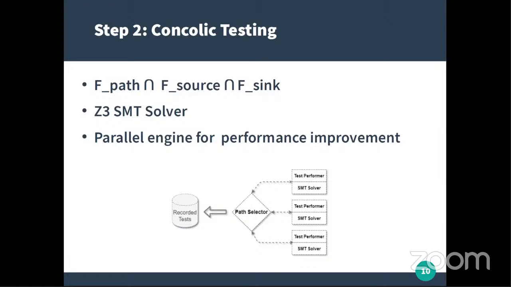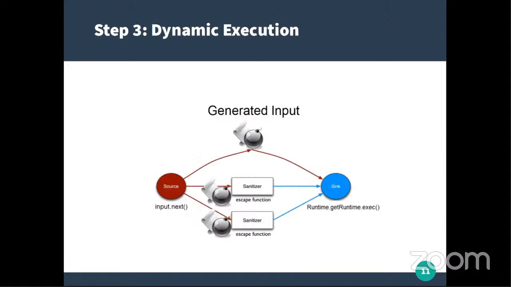The outcome of this operation is a set of concrete inputs that trigger certain exploitable paths based on satisfying values in the code. We designed a parallel Concolic testing engine in order to improve the overall performance.